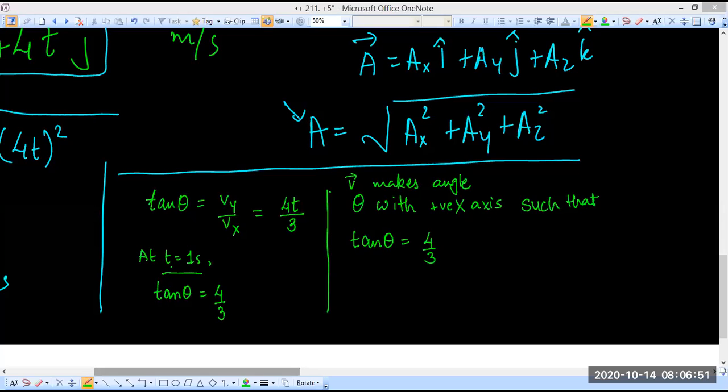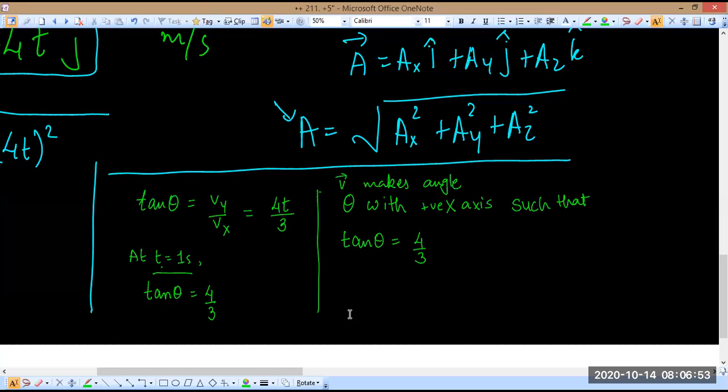What you are seeing here in green is what we have done. So to find any vector's angle with the x-axis, I hope you remember that property.